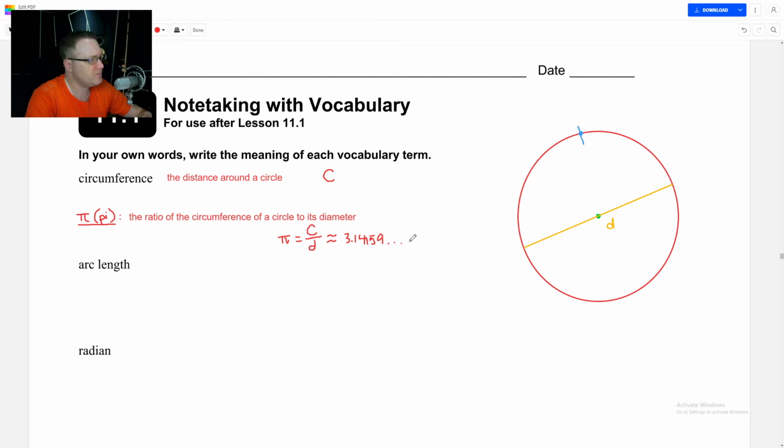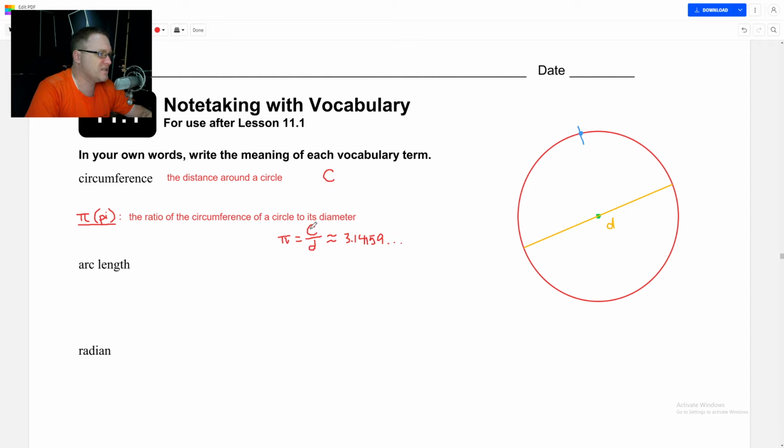That's very helpful for us because it helps us solve some things. We see here that pi equals c divided by d. If we multiply both sides by d, this d will go away, and we'll move it over here.